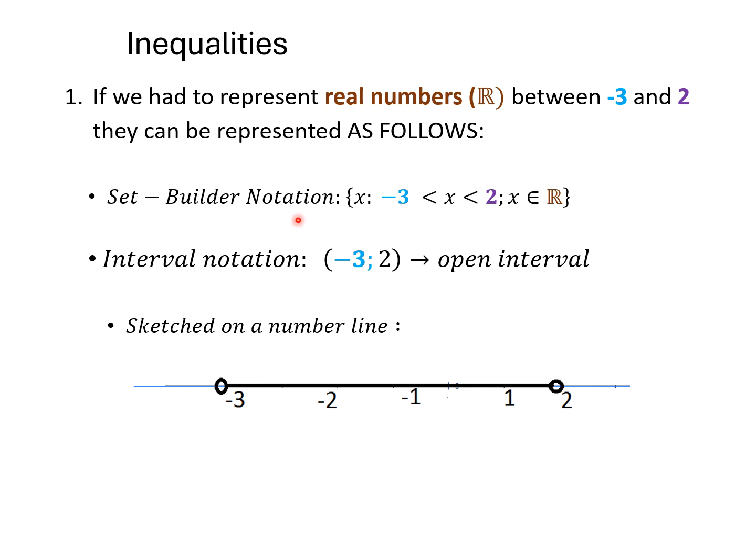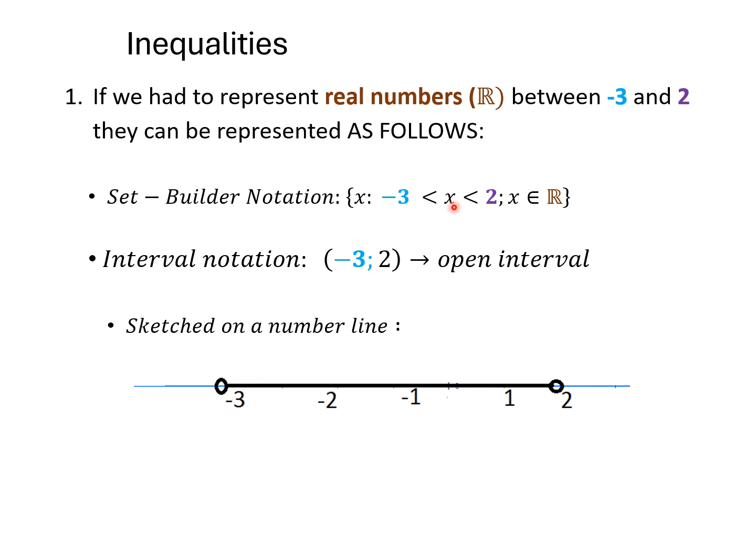So in set builder notation, curly brackets, x is such that x is greater than -3 and x smaller than 2, and x must be an element of real numbers. So x element of real numbers comes from the fact that they say real numbers. They said between, so therefore no equal sign with x.